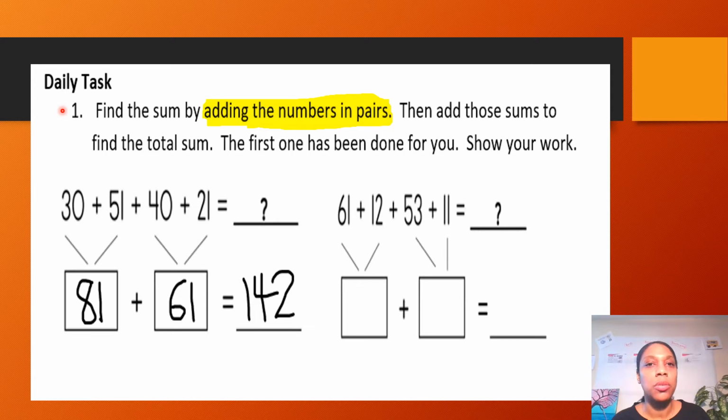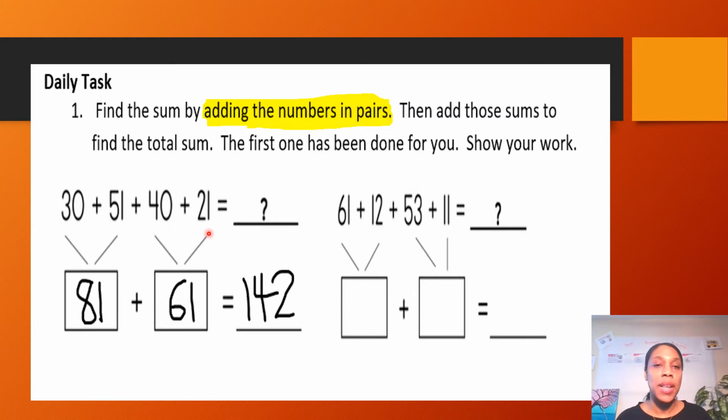We need to also show our work. So let's look at this first example. I'm going to walk you through it. So we have these two pairs of numbers, 30, 51. If we take those two pairs and add them together, our sum is 81. Let's look at the next pair we're going to add together, 40 plus 21.